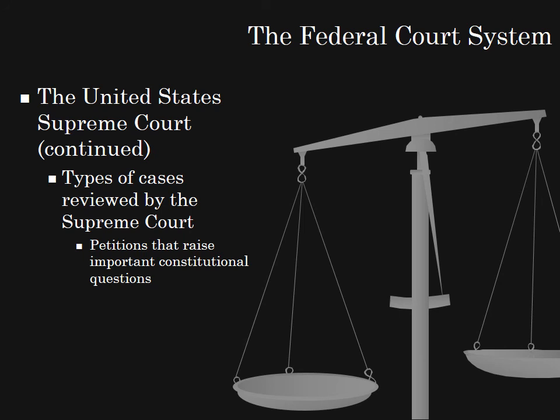Usually they're only going to hear cases that really raise some important constitutional questions. They are not going to hear everything. Usually it's got to be something that either has not been decided yet or really involves a very important constitutional issue that they feel needs to be heard.